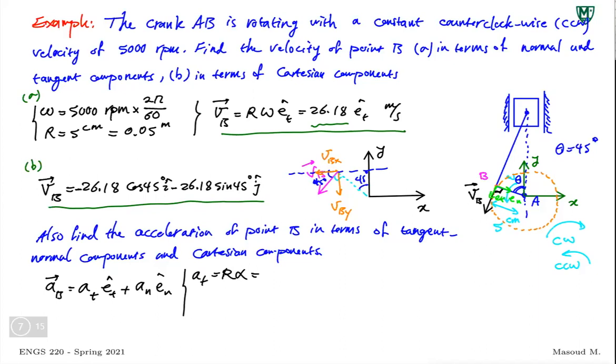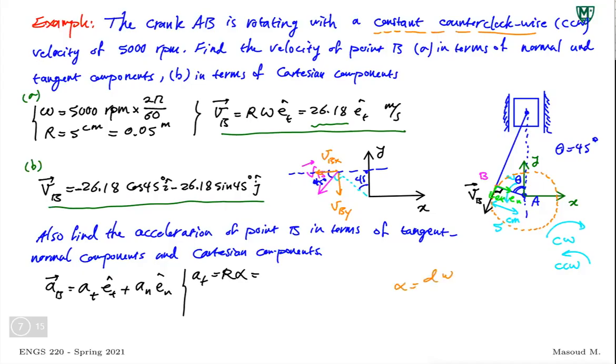Yes, it is zero, exactly, because we are told that it's a constant counterclockwise velocity. So when the velocity is constant, it means acceleration is zero. Acceleration is what changes the velocity. When you have acceleration, you're either increasing or decreasing the velocity. So if velocity is constant, what is acceleration?